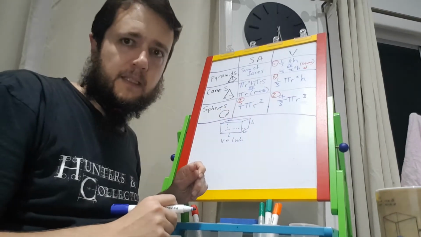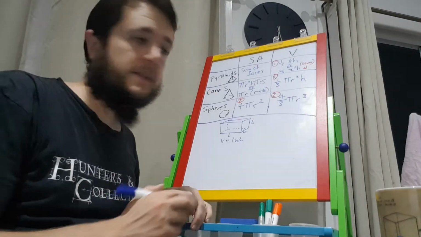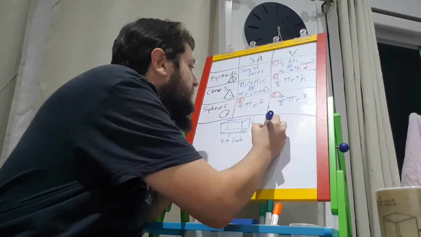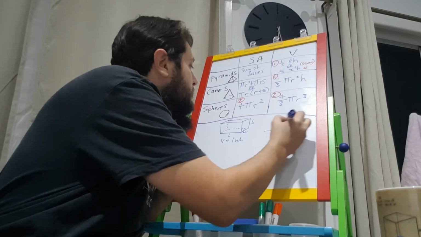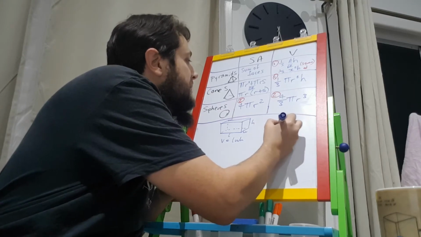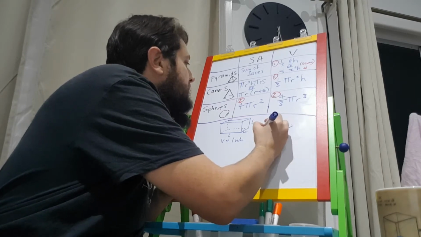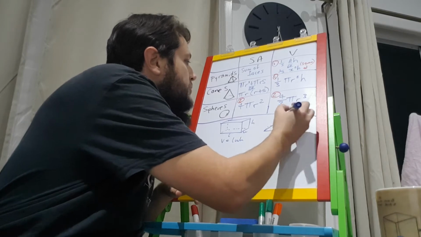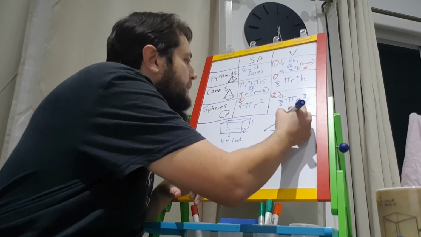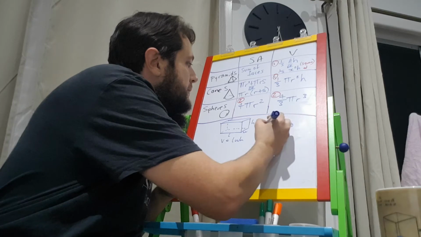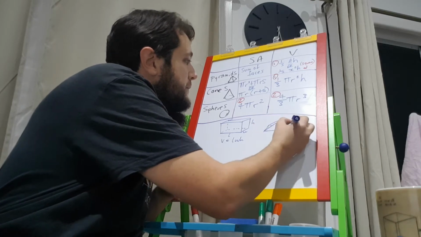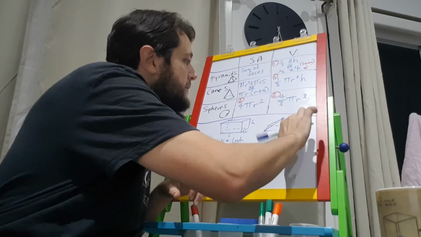If all of a sudden that is a pyramid, so it's coming to a point in the middle, this is actually going to be really hard to draw on the fly here. So it's got the same base, but instead it comes up to some magical point in the middle of everything. Something like that.